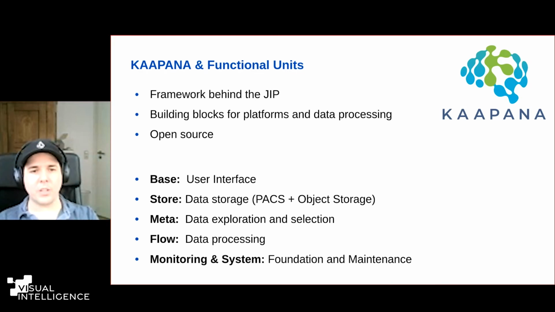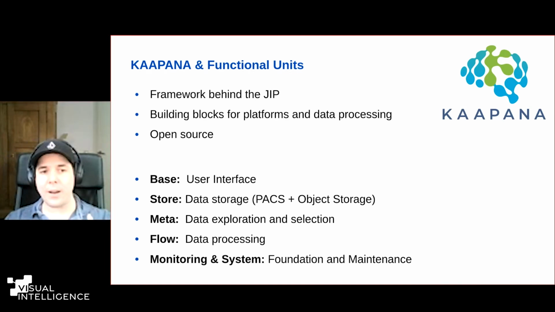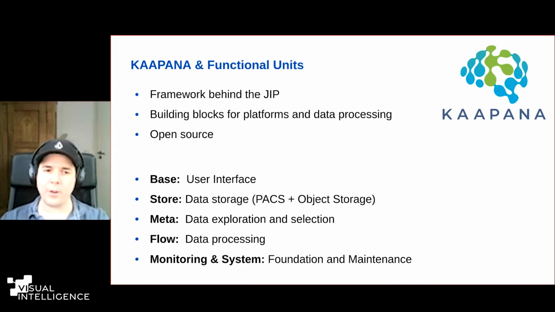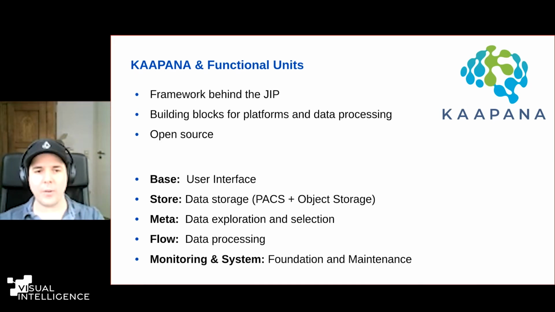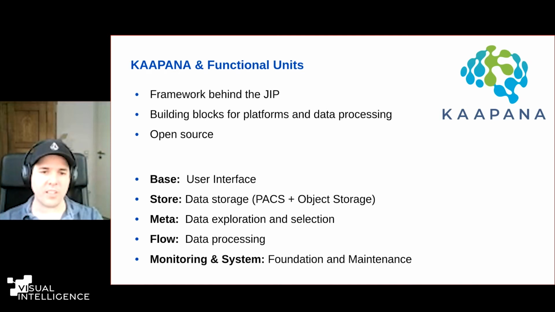And for the functional units, so for different areas, we thought about different areas, and what we came up with was these 5 major areas. First is what we call base. This is like the main user interface of the whole platform. Second is the storage area, where we actually save the imaging data, which is sent to our server, and where we also save, for example, processing results.